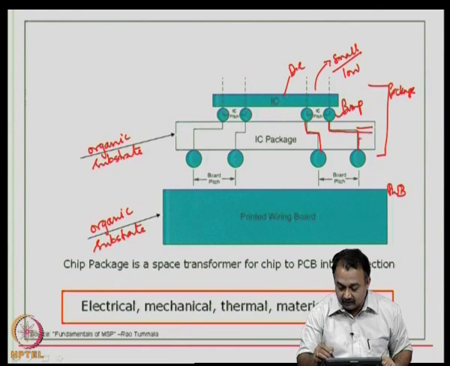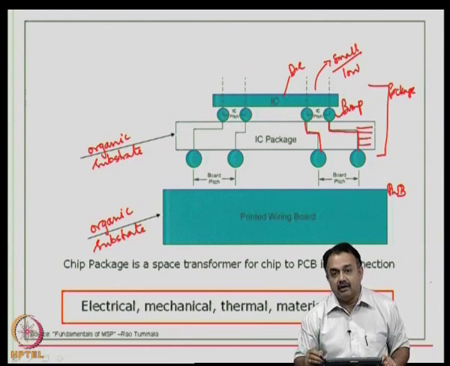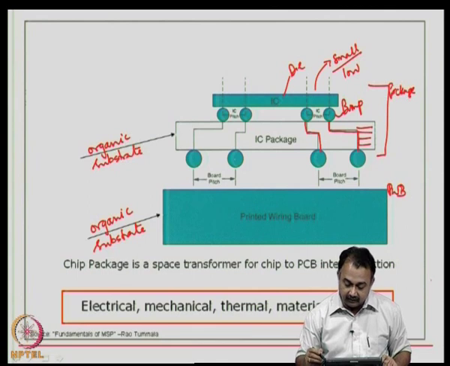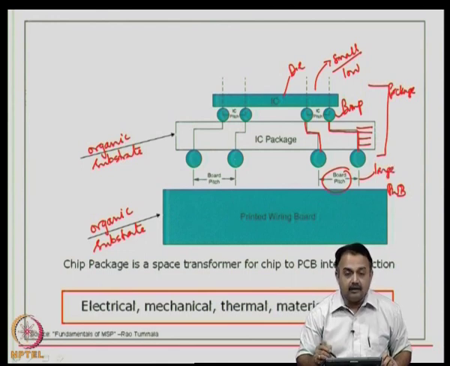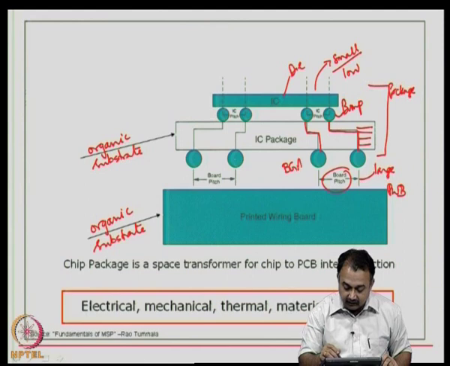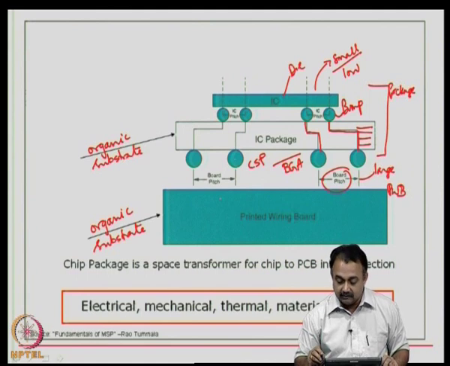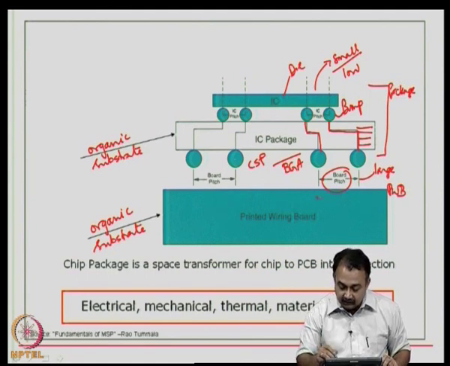You can imagine that this package is a multi-layered organic substrate, and through that your pitch has become large. So, you are able to fan out the low pitch at the die end to a larger pitch at the back of the package, that is typically a ball grid array package or it can be a CSP package.